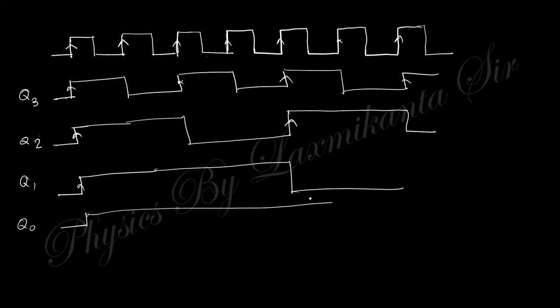So you can see the values: 1 1 1 1, 1 1 1 1, 0 1 1 1, 0 1 1 1, 1 0 1 1, 1 0 1 1, 0 0 1 1, 0 0 1 1, 1 1 0 1, like that.